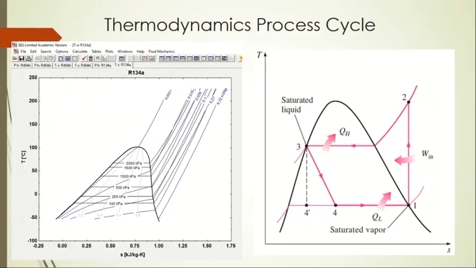Okay, so you can see here clearly at minus 35 degrees centigrade, you have a pressure of around 30 psi, which is around 140 kilopascal. So this is the line which is representing that, and after that we have a constant entropy process.